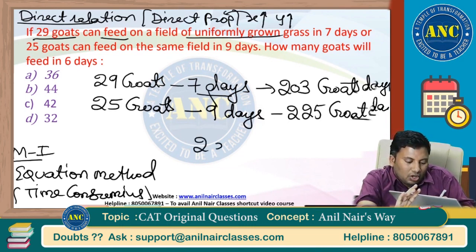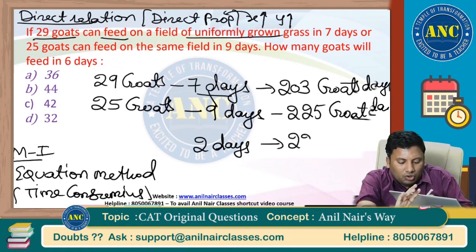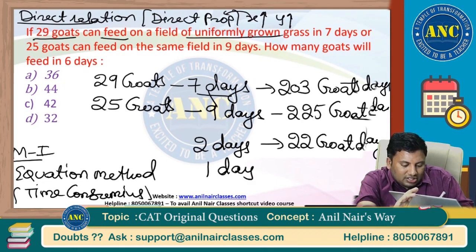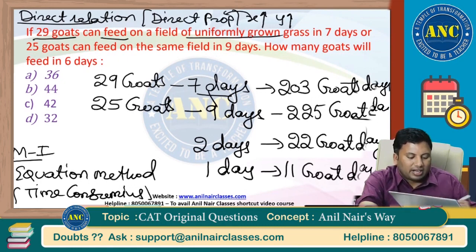That means 2 days extra is there. 22 goat days extra work is done. If 1 day extra, I will get 11 goat days work done.